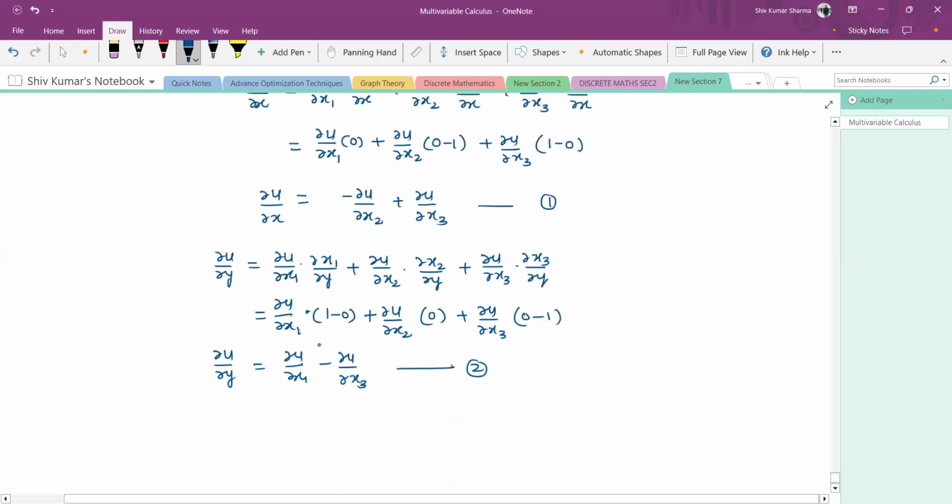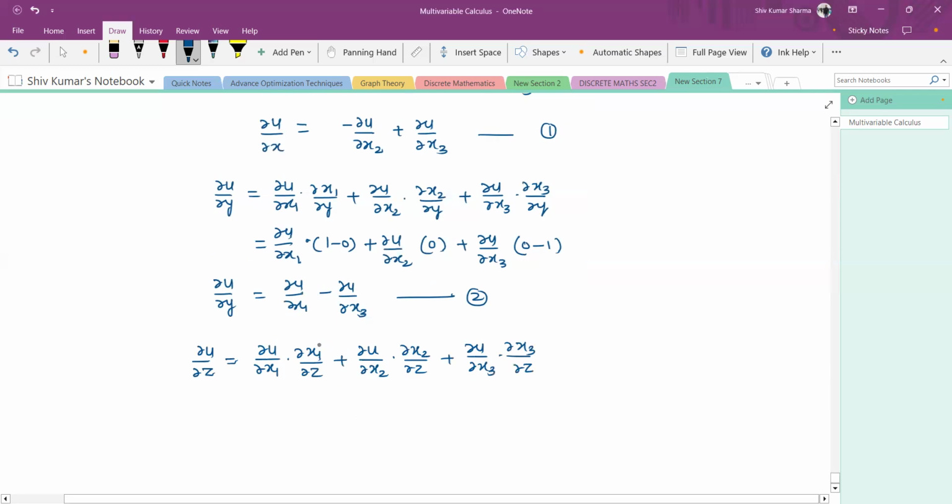Again, we calculate del u upon del z. This is equal to del u upon del x1 into del x1 upon del z plus del u upon del x2 into del x2 upon del z plus del u upon del x3 into del x3 upon del z.